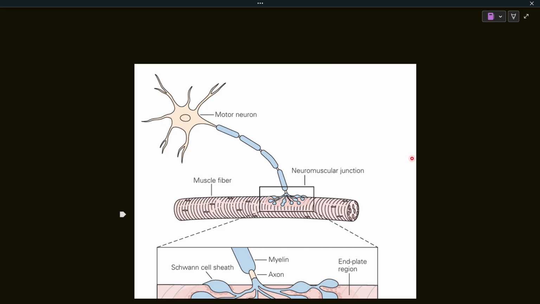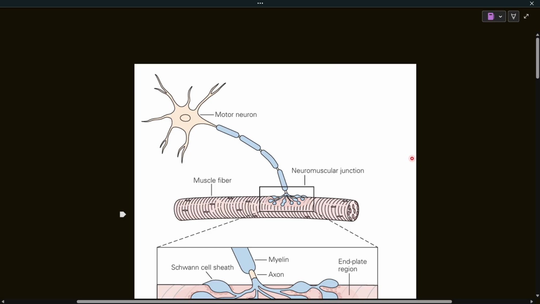So the neuromuscular junction is relatively simple and quite accessible for experimentation, and that is why it is well studied. Before learning about the complexity of synapses in our central nervous system, we will learn about the synapse formed at the neuromuscular junction. This synapse is formed between a motor neuron and a muscle fiber, and that is why it is known as the neuromuscular junction.